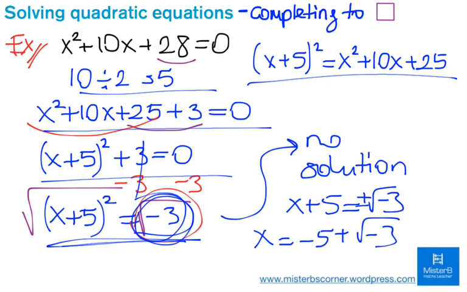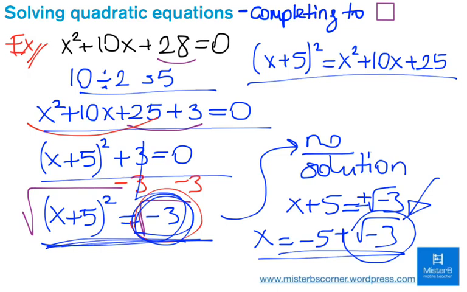You can write these down, but it has no meaning, as square root of minus 3 is not a real number. It will be at A levels when you learn that this actually is a number, but it is not real, it is complex. So the chances are, if you end up with such a situation, it's going to be a no solution thing, because we don't have a real solution.